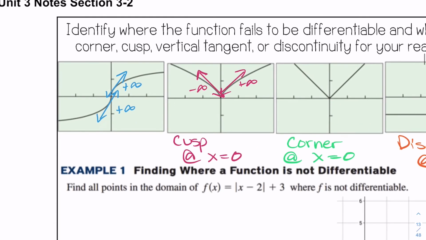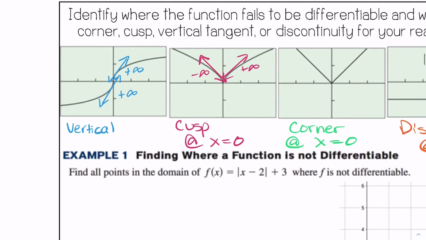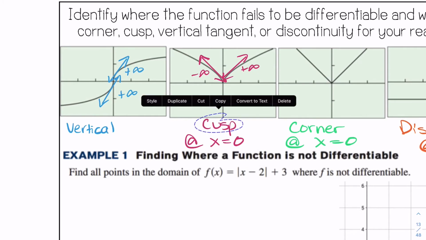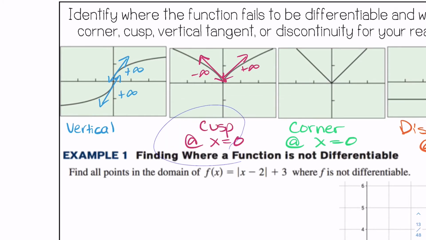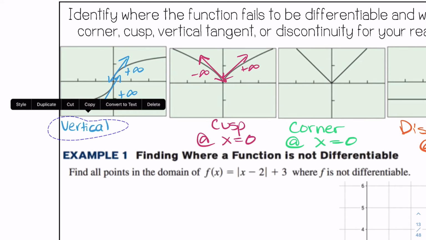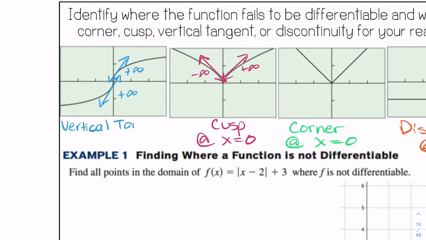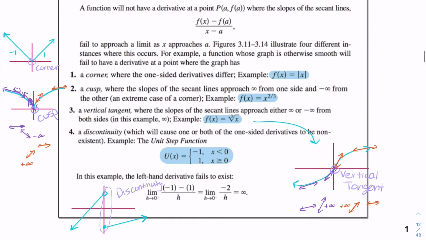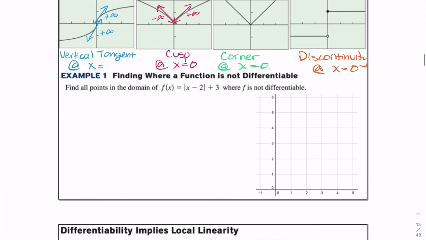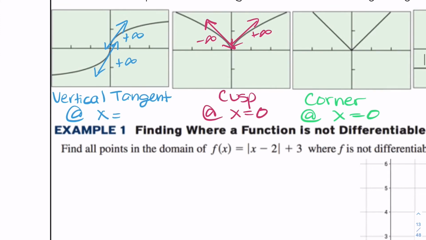So this is a vertical tangent at x equals 0. I've heard vertical discontinuity too, but yeah, vertical tangent at x equals 0.